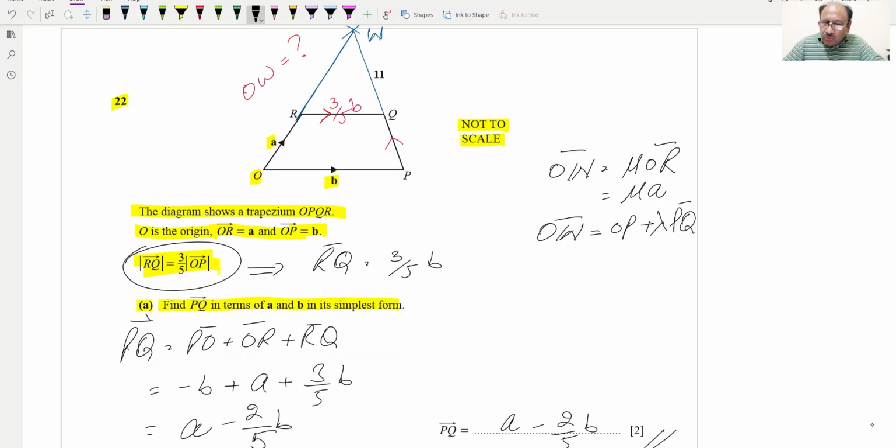So PQ is value we already have, so we will replace that value. OP vector is basically B, so we'll write B plus lambda into PQ. PQ we just now found is A minus 2 by 5B.